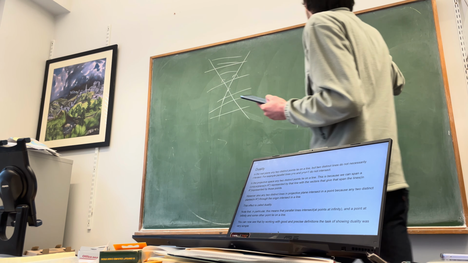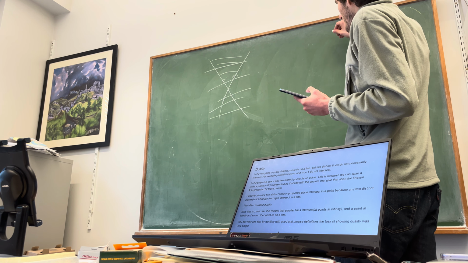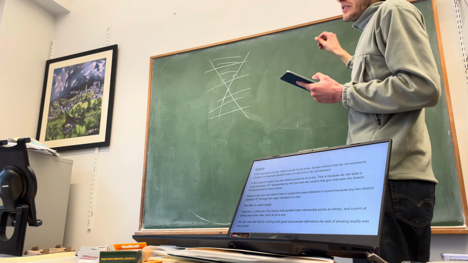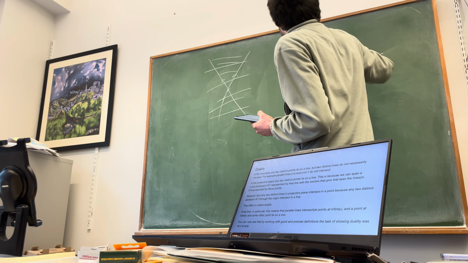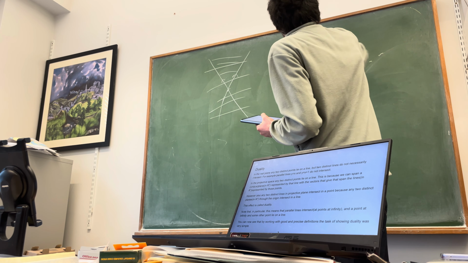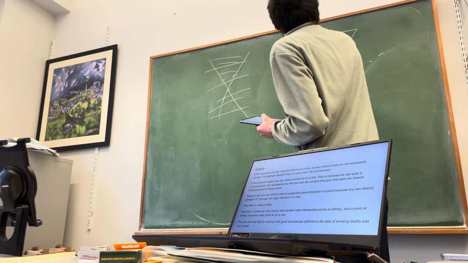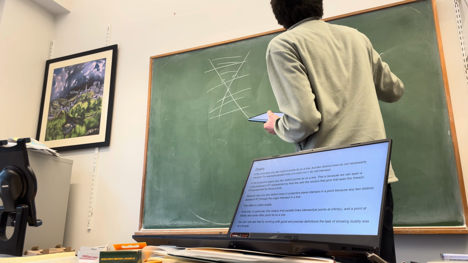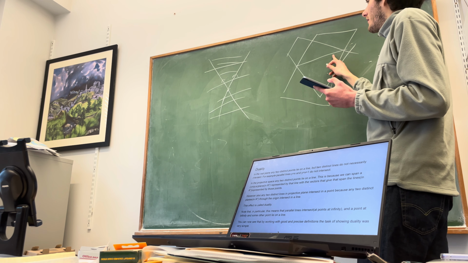But also any two lines intersect at a point, because a line is just a plane in R3 through the origin, and so any two planes in R3 are going to intersect in a line, which is a point in the projective plane.